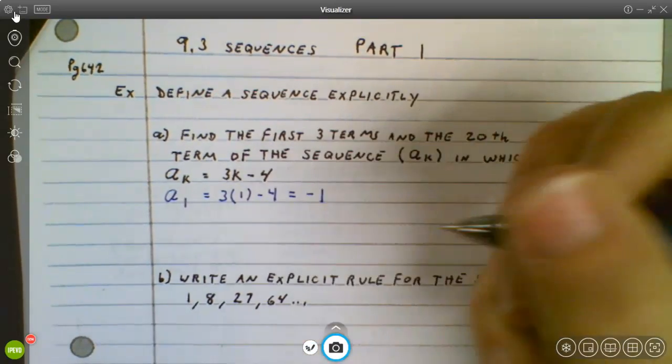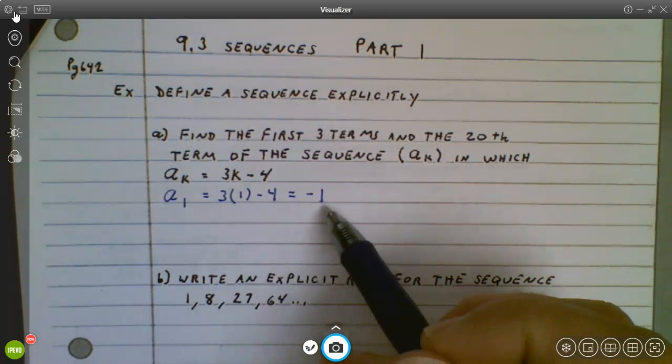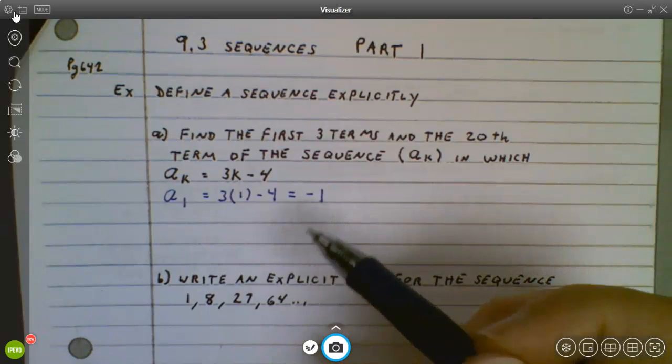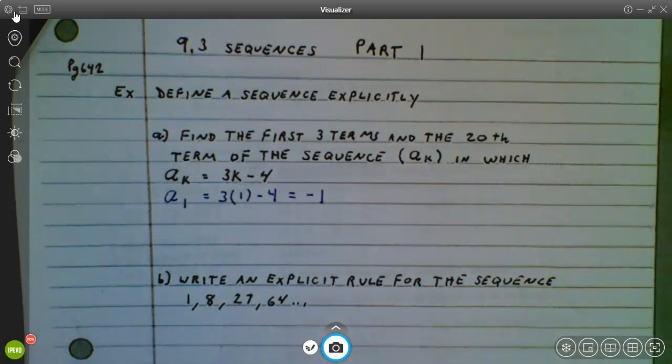So the first term of the sequence has a value of negative 1. Obviously very similar to y equals mx plus b, where x was the input, the number that you put in, and the result, the output, was the y value. Exact same idea with this. It's just different letters.